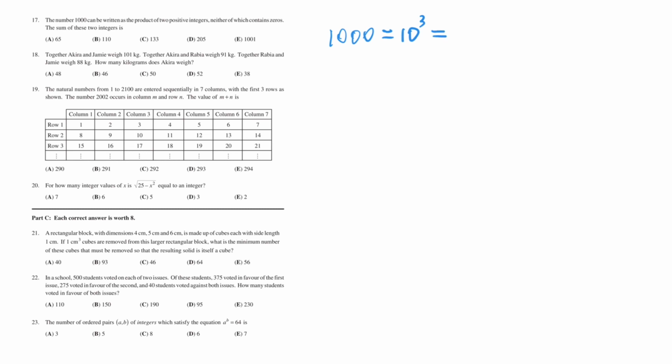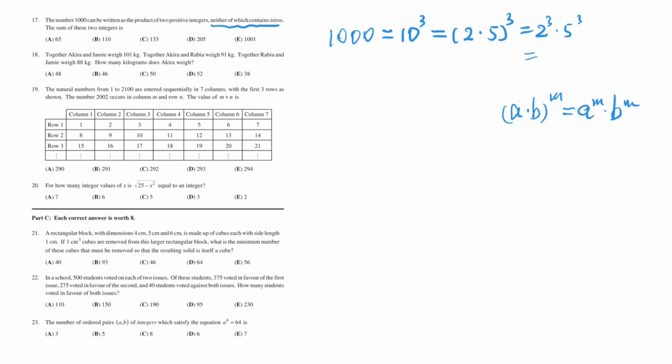We do prime factorization, that's 2 times 5 cubed. The exponent law is (ab) to the power m equals a^m times b^m. Now it equals 2 cubed times 5 cubed. There are 16 factors in total, but neither of which may contain 0.